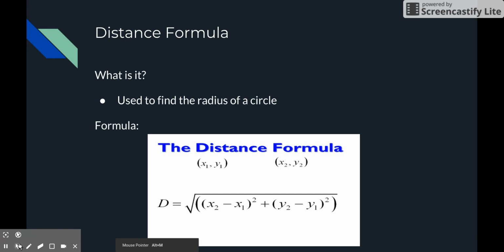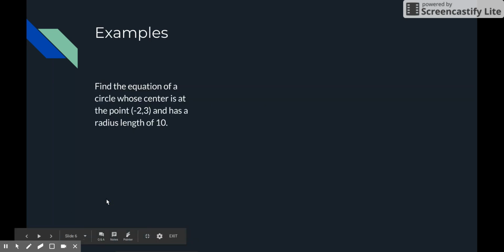So what we would do is plug in the points of the center into the equation, which would be (x plus 2) squared plus (y minus 3) squared.